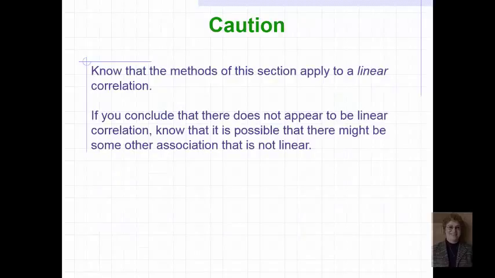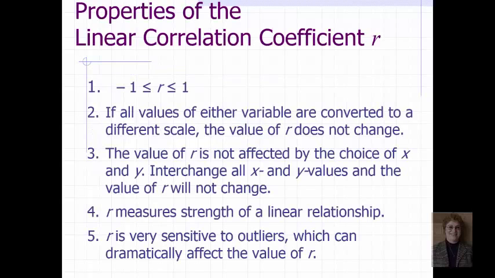Now, again, you need to be cautious. This is only for a linear relationship. If when you do the scatter plot there's no linear relationship, then don't even waste your time doing the math. Again, our r has to be between -1 and +1 inclusive.